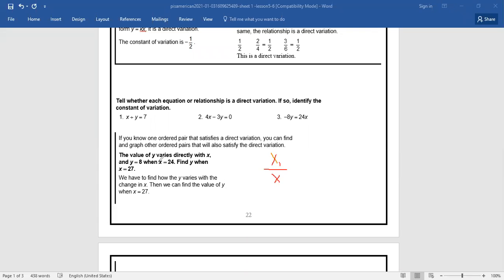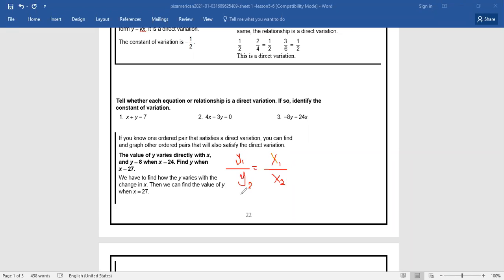He said y varies with x, so we will start with y, which means it will be y1 over y2 equal x1 over x2.